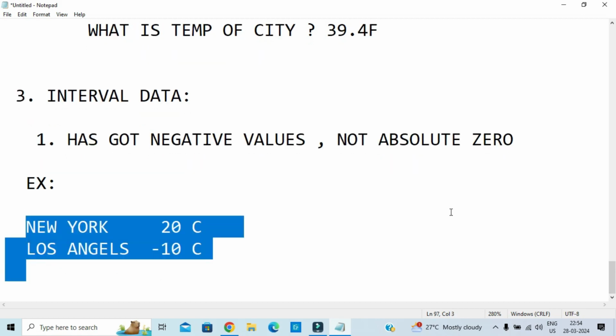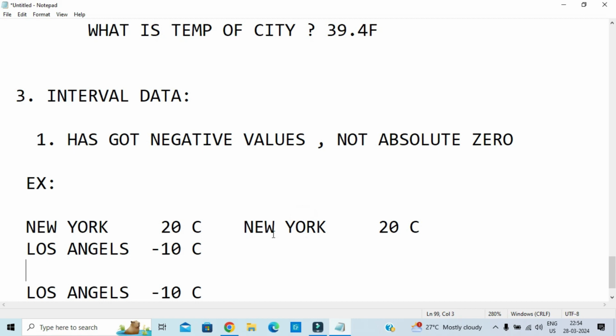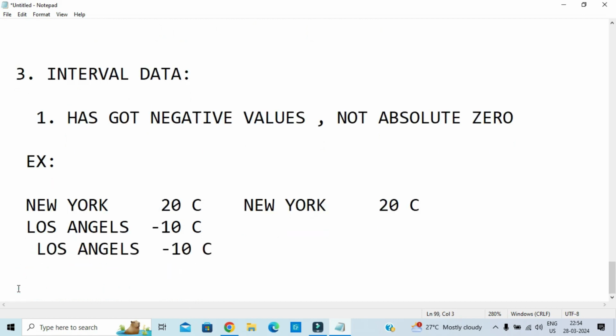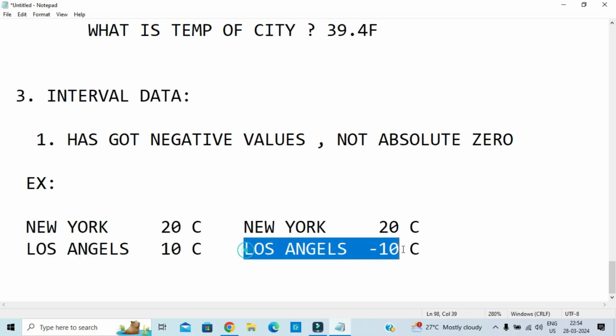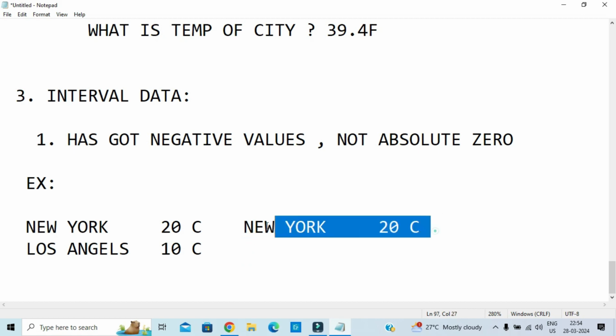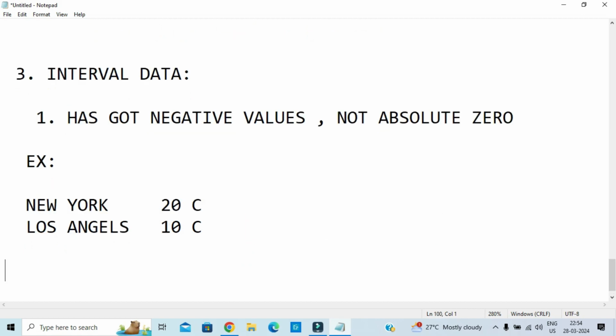Let's see here one more thing. I'm writing this to explain the example clearly for you. Wait for a while, I'll just remove this so that you will clearly understand.